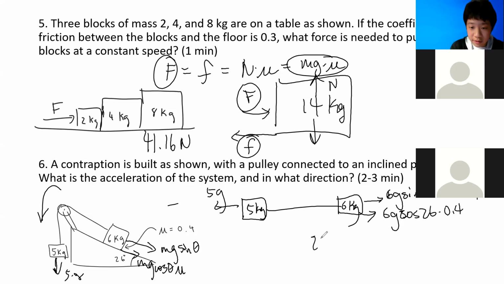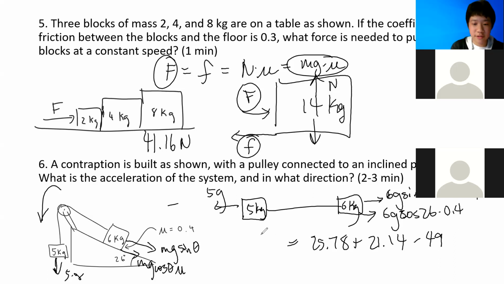It's going to be 25.78. Adding 6g cosine 26 times 0.4. So let me plug that into my calculator. It's going to be 21.14. And then what about our 5g? 5 times 9.8 minus 49.